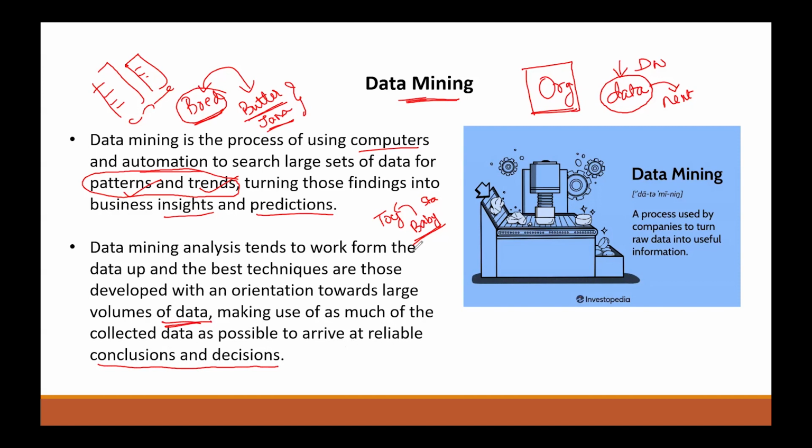Basically, all the collected data in the data warehouse will have certain techniques applied, and then certain decisions and conclusions are made, right? You can see a diagram over here where machines are working on some products. You can think of it as data getting cleaned and analyzed, and finally we get a product. This is nothing but the result after applying data mining. So this is just a pictorial representation.